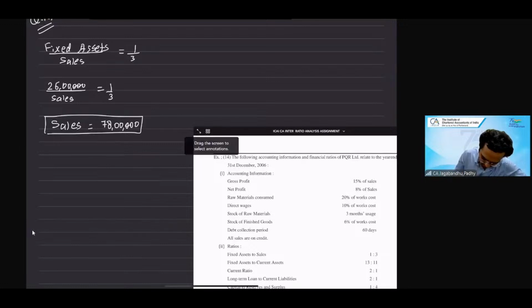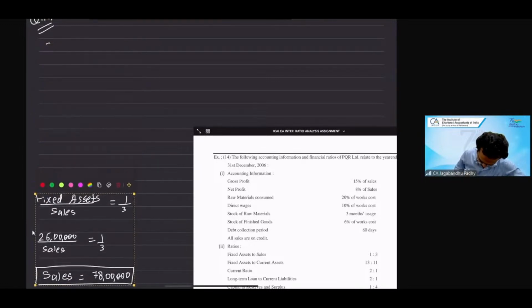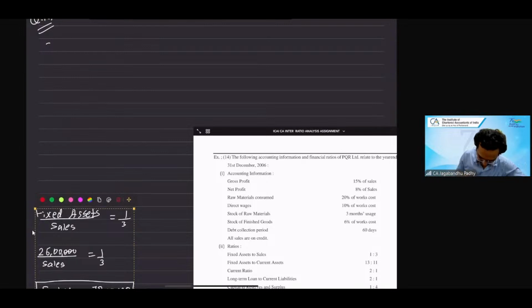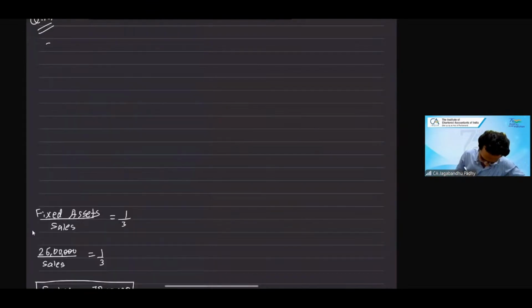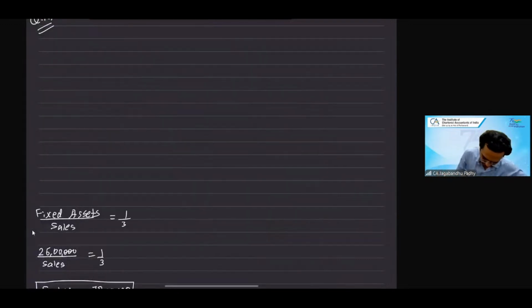Let me just do one thing. Let me place it downside. So we want the statement of P&L, or this is like summarized profit and loss.